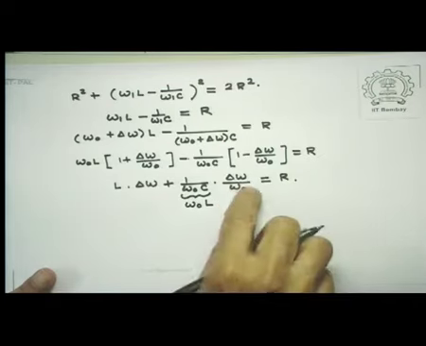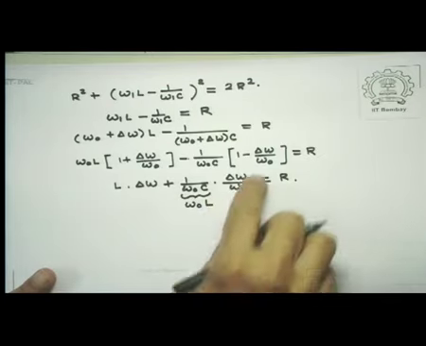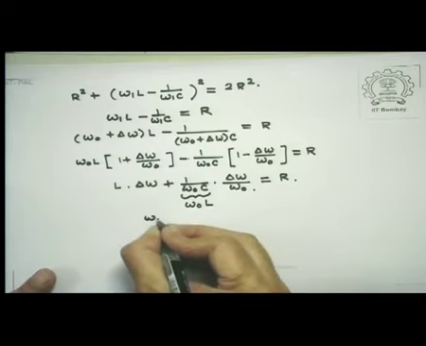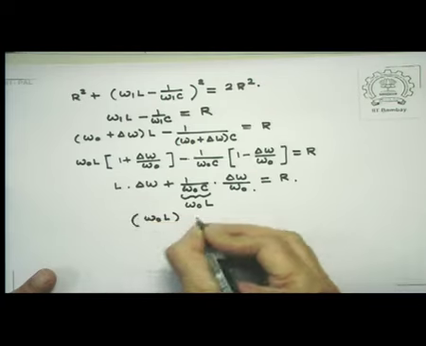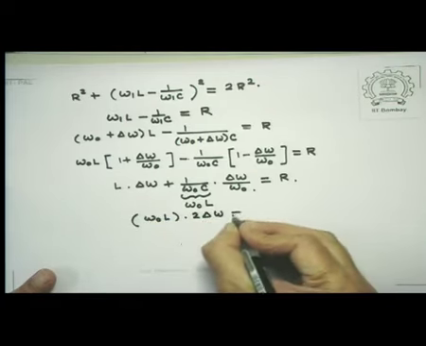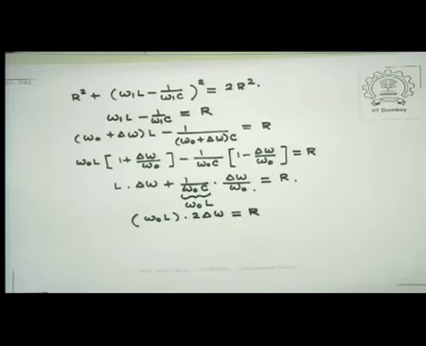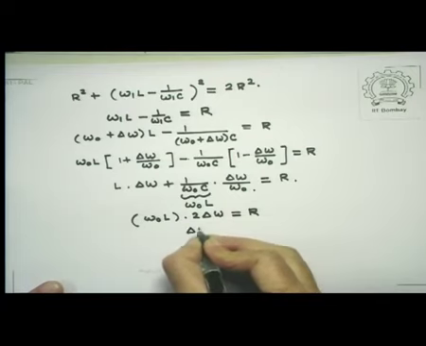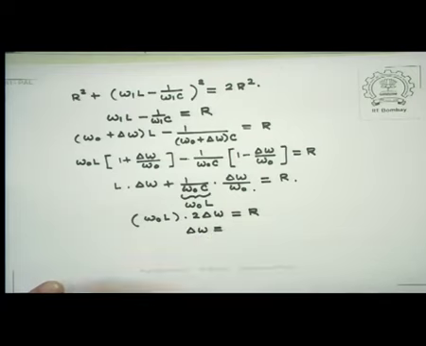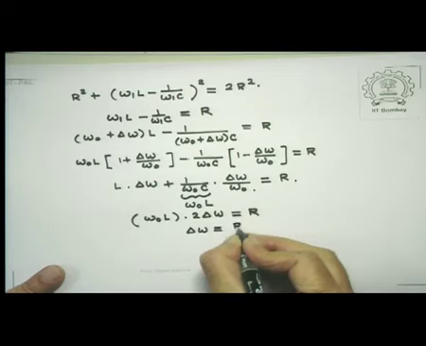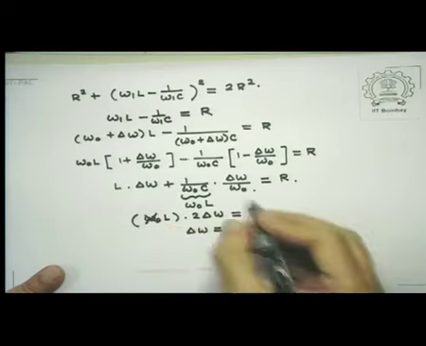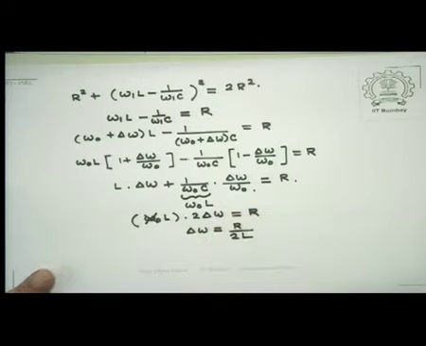So both these terms are L times delta omega. So I'm left with omega 0 L times 2 delta omega is equal to R, which tells me that delta omega is equal to R divided by 2L. I'm sorry, there is no omega 0 here because omega 0 cancels with this omega 0.